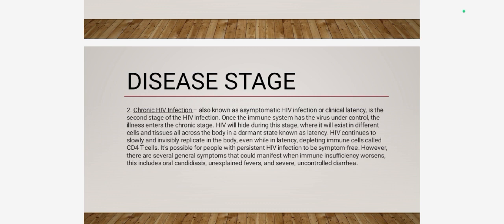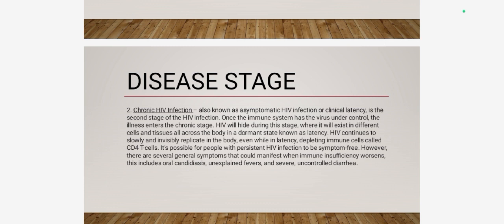HIV continues to slowly and invisibly replicate in the body even while in latency, depleting the immune cells called CD4 T cells, and it's possible for people with persistent HIV infection to be symptom free. However, there are several general symptoms that could manifest when immune insufficiency worsens, and this includes oral candidiasis, unexplained fevers, and severe or uncontrolled diarrhea.